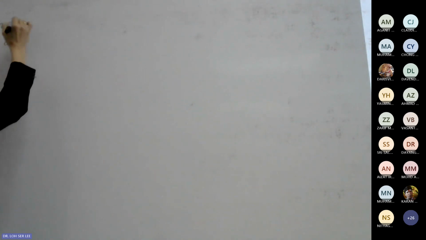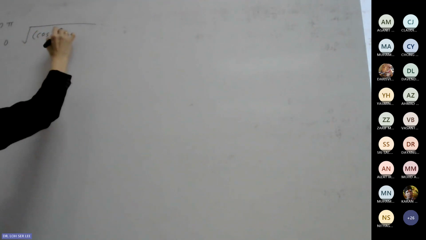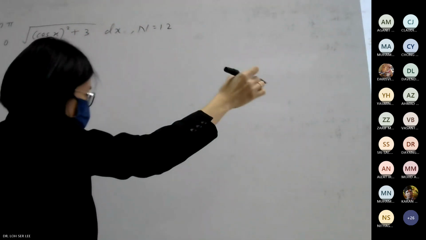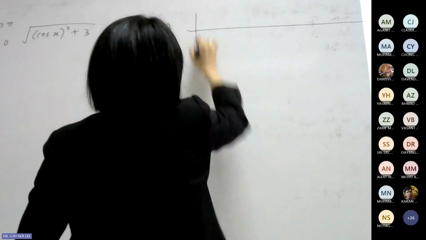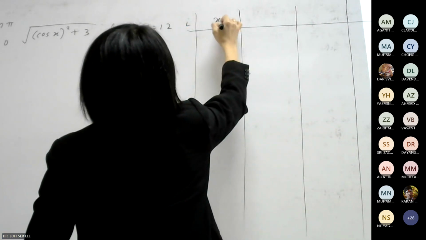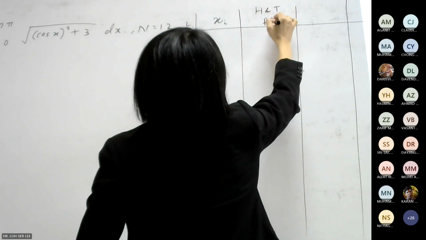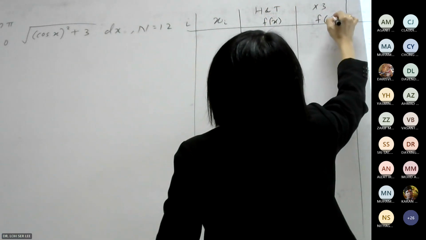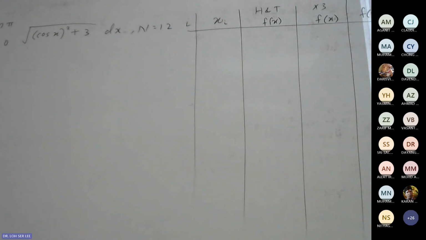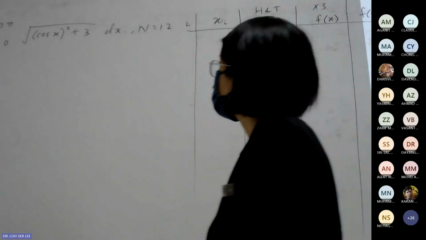Okay, 0 to 5. Cos x squared plus 3. Your n is 12.